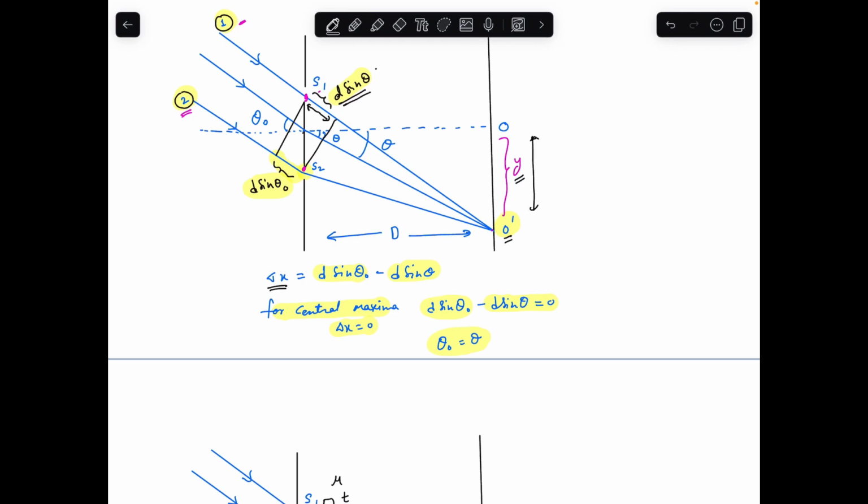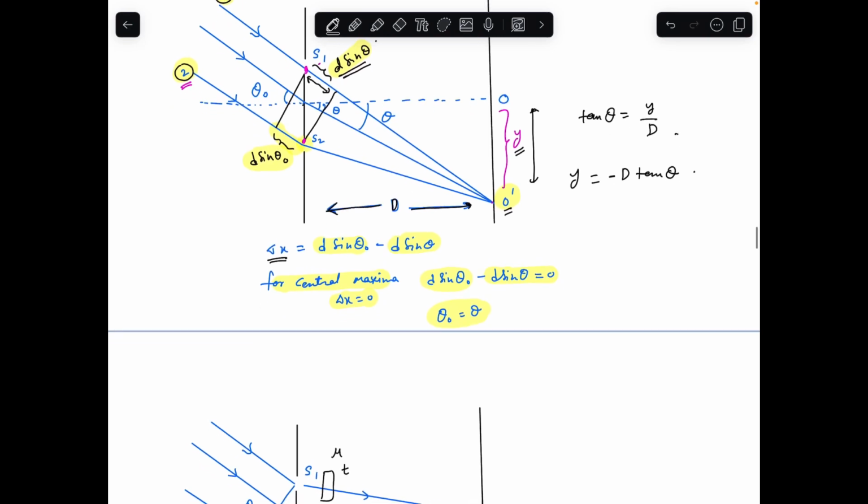So can I write tan theta equal to y by capital D, where capital D is the distance between slit and the screen, correct? So y equal to D tan theta, but it is below, so I'll write minus D tan theta.